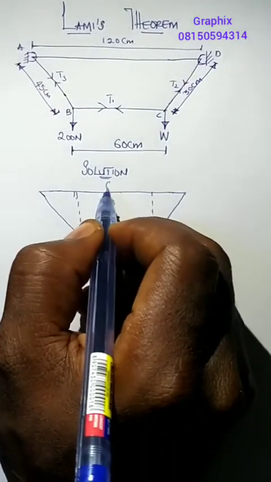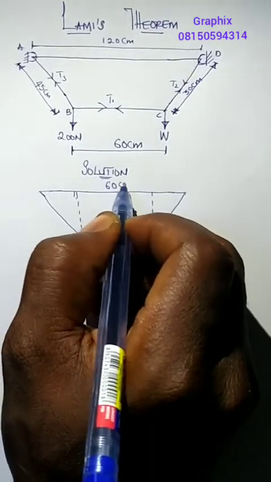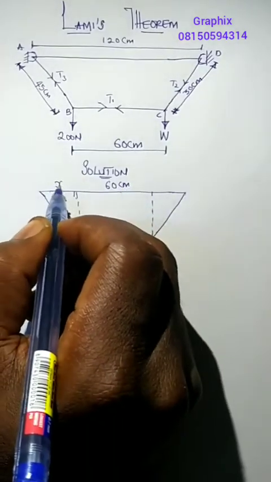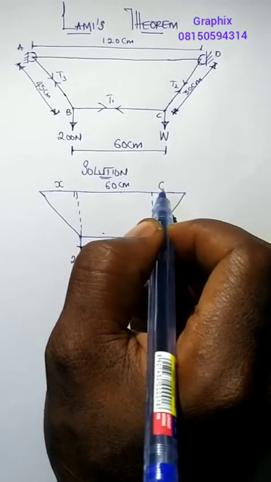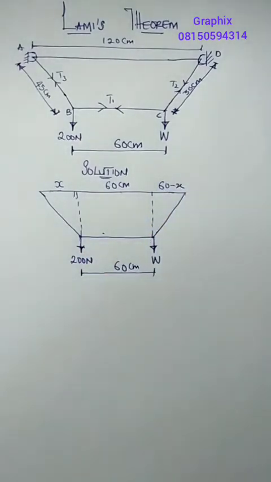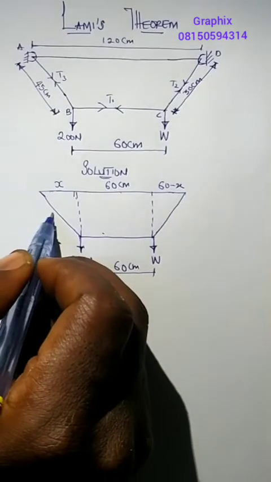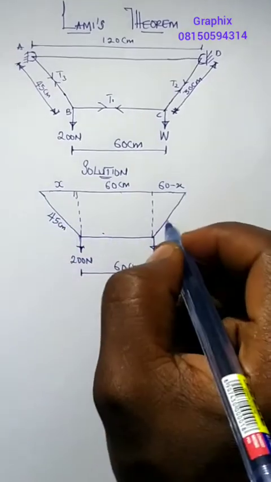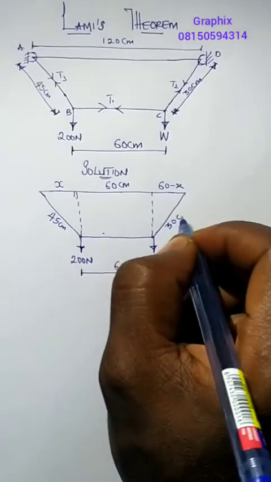So here also will be what? 60 centimeter. So this point will be x unknown. Here will be 60 minus x. Now after that, we know pretty well that here is 45 centimeter and here is 30 centimeter.